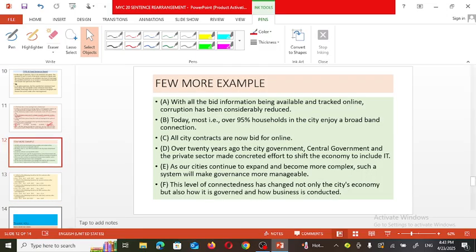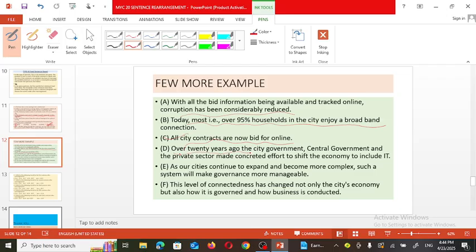Now let's see the given sentences. With all the bid information being available and tracked online, corruption has been considerably reduced. Today most, that is over 95% households in the cities, enjoy a broadband connection. All city contracts are now bid for online.